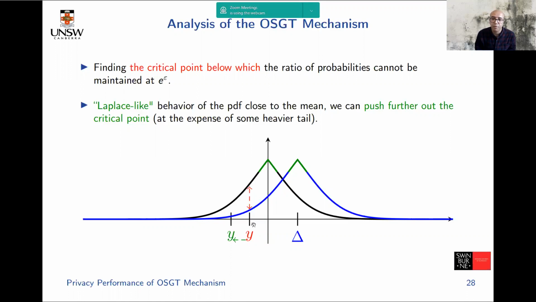For example, we can see in the performance comparison that in some cases the delta of OSGT at the same variance, compared with the delta of Gaussian, is much smaller, by, say, an order of 3 magnitude.